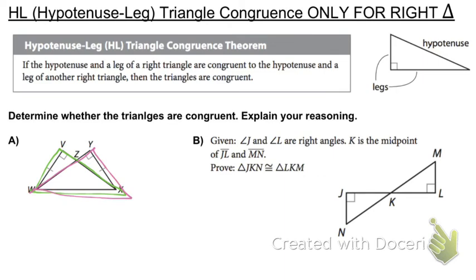We know they're both right triangles, right? And we know we have a leg of each. Remember, the legs are the ones touching the right angle. Do we know the hypotenuses are congruent? WX is congruent to itself, right? So now do we know the hypotenuse is congruent to the hypotenuse? Yeah, so now do we have enough information?